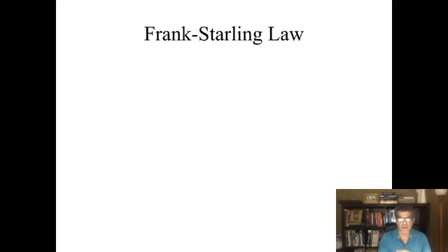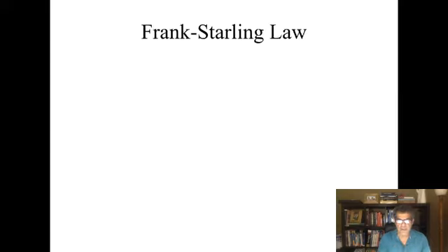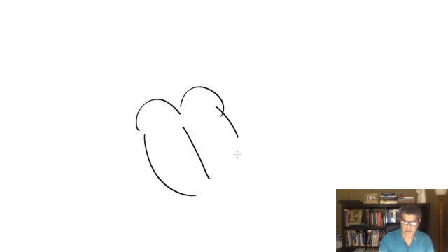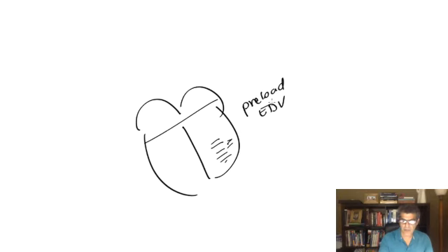And that is going to bring us to the Frank-Starling law. These are the two physiologists who came up with this idea. And the idea was this. Let's go back to our diagram again. Here's the heart. The more blood you have inside the left ventricle, this is called, again, preload, or end diastolic volume, the more you're going to stretch your ventricle.